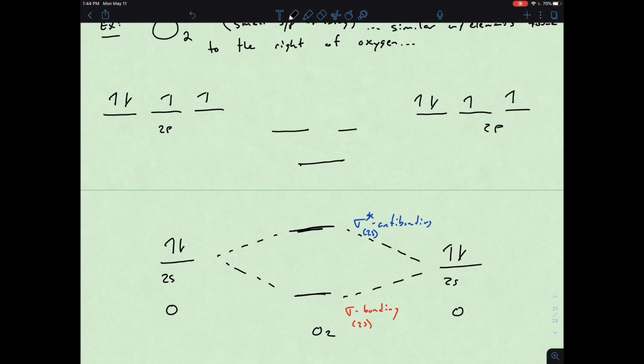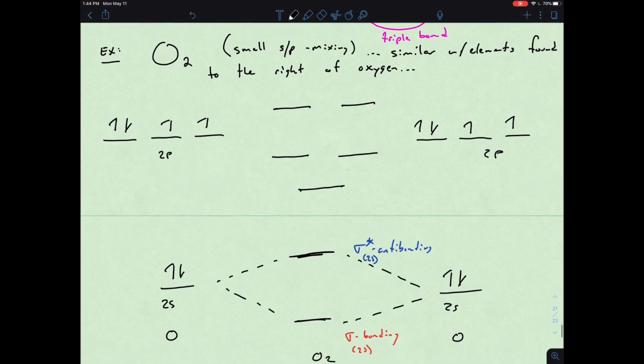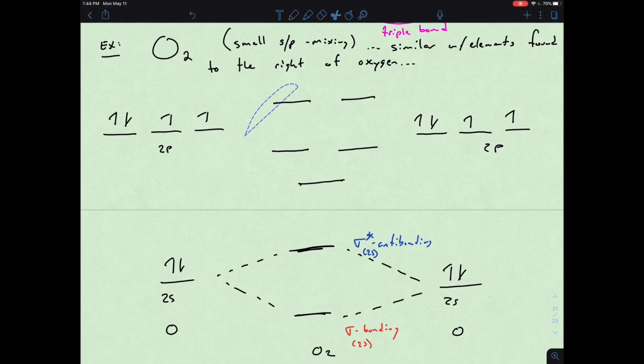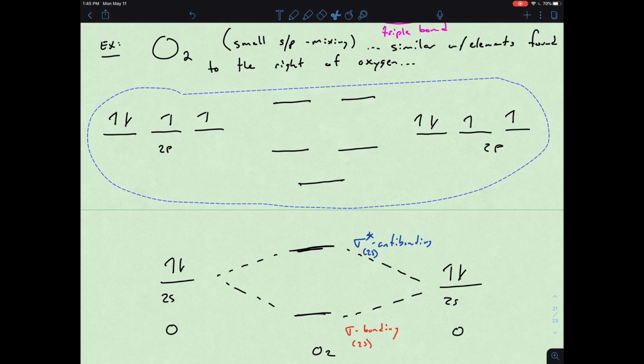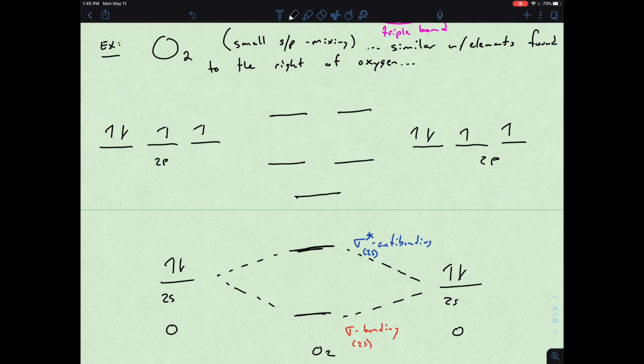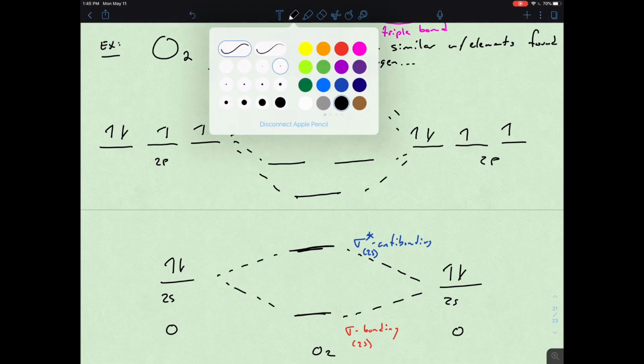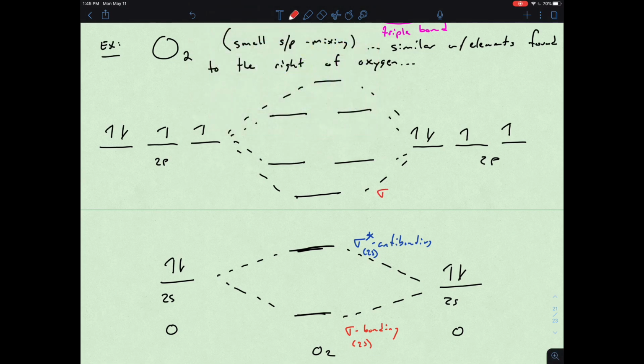Instead of the pi's being below that sigma in terms of bonding, we actually have an opposite scenario here. I'm just going to bring this down a little bit. At the very bottom we have our sigma bonding.